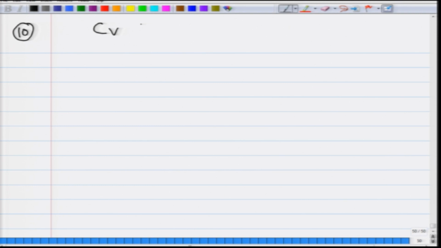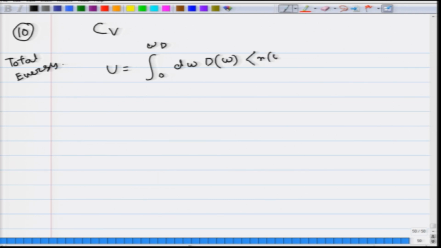CV. So total energy U will be, up to this omega d, d omega times the density of states, this is the number of states along that d omega, and h cut omega, this is the Debye model.